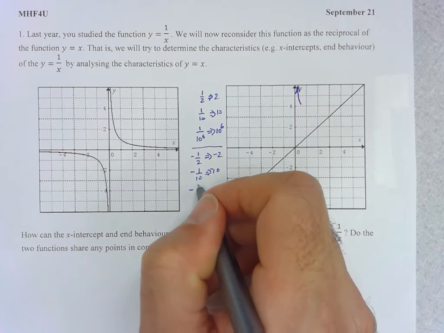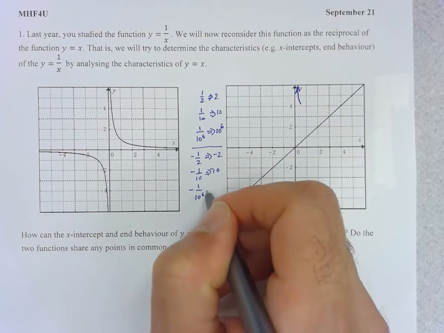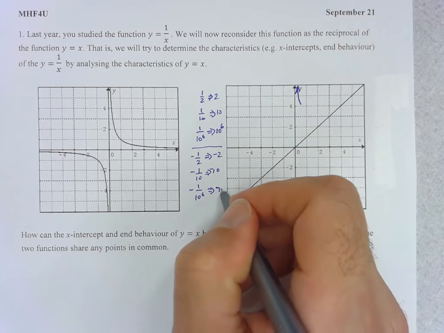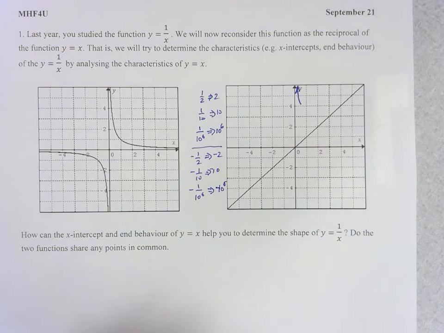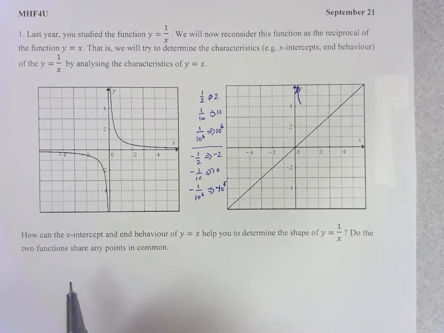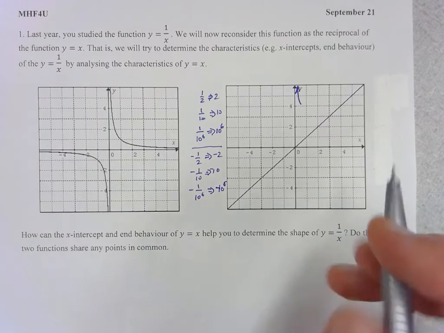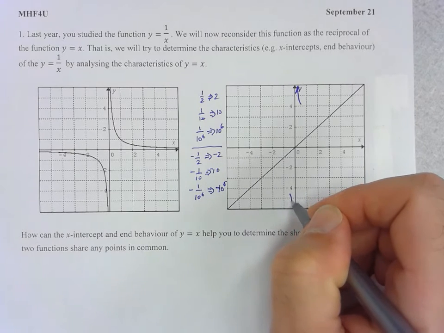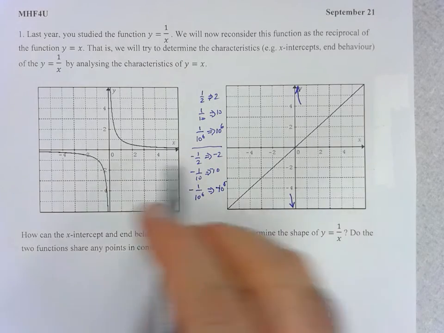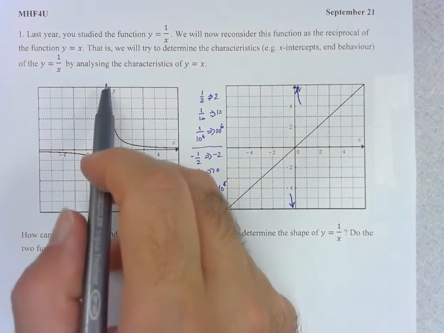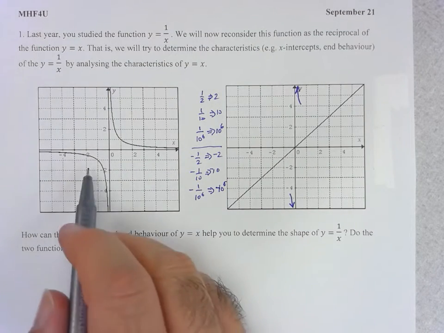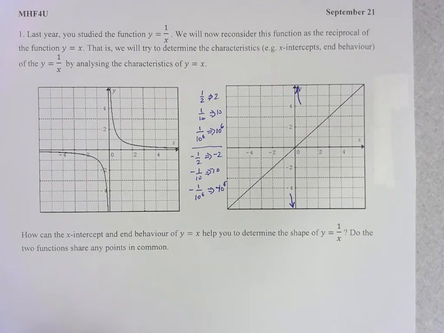The reciprocal of negative 1 over a million is negative 1 million. So as I get closer to 0 from the left, the function approaches negative infinity, justifying why we have this asymptote and this behavior towards positive infinity on the right and negative infinity on the left.